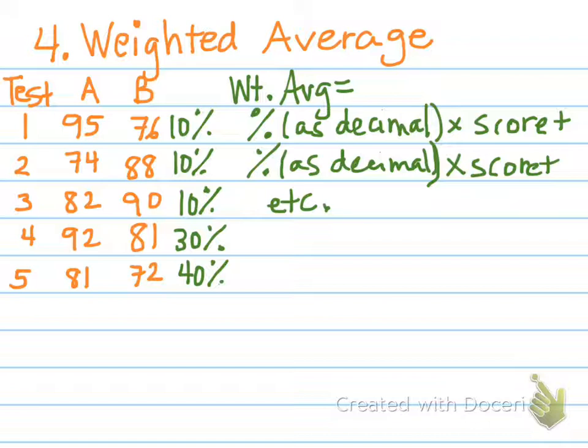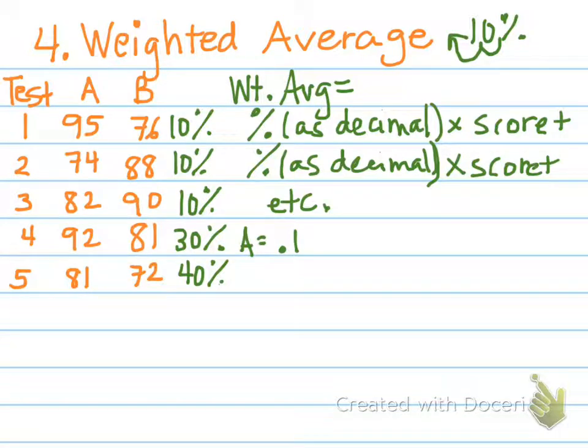So for student A, okay, it's going to be 0.1, because 10%, right, to take a percentage and make it a decimal, we move our decimal place 2 places to the left.